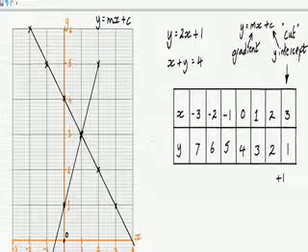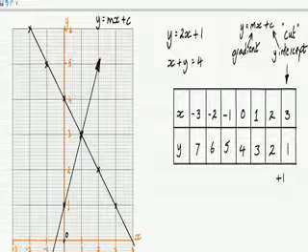Now here we can see that the 2x is positive. This is plus 2x, it's just that we haven't written the plus in. So you can see that going left to right, the line is going uphill.